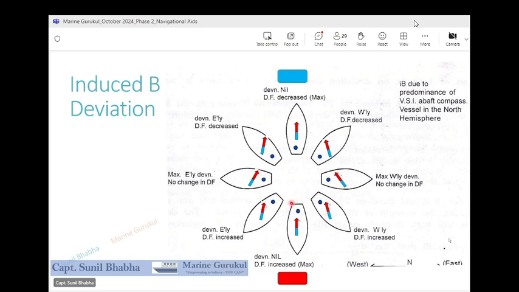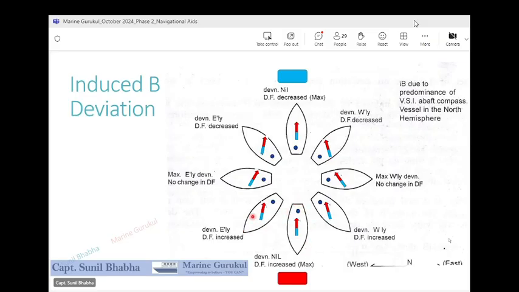So when the ship goes on southerly heading, the blue pole of the funnel comes exactly north of our compass, north of the compass needle. And since it is aligned with the magnetic field of the earth now, it does not generate any deviation at all. So no deviation on south heading.